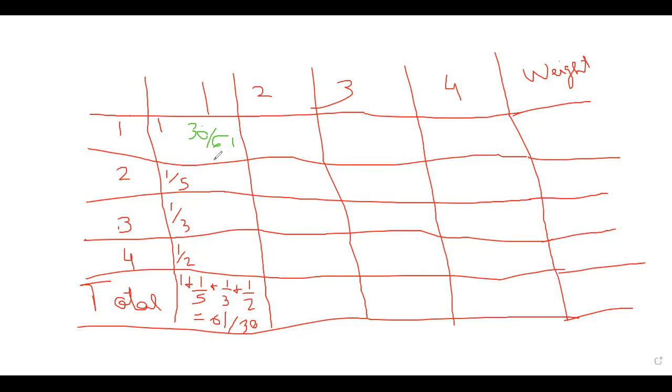And here, 6 over 61, 10 over 61, and 15 over 61. Okay, I am done with the first column. I will do the similar procedure for all columns.